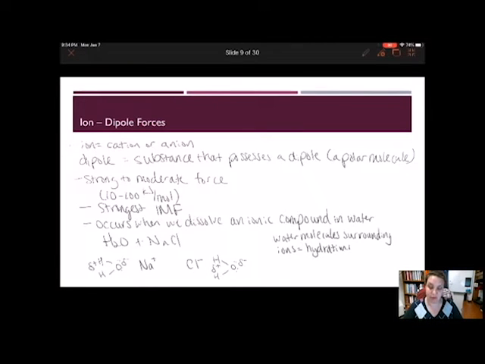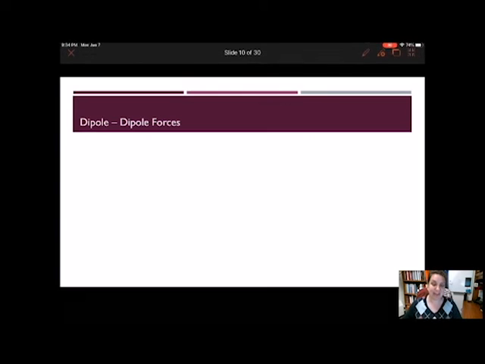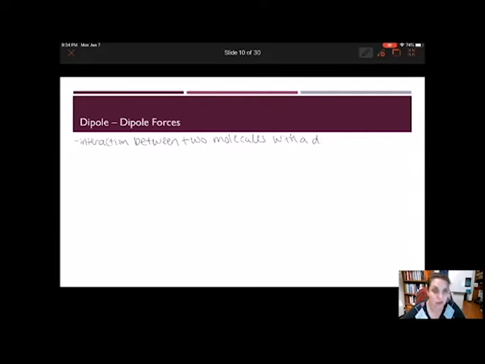Our next intermolecular force is called dipole-dipole. So this is going to be an interaction between two molecules with a dipole. So both molecules must be polar.